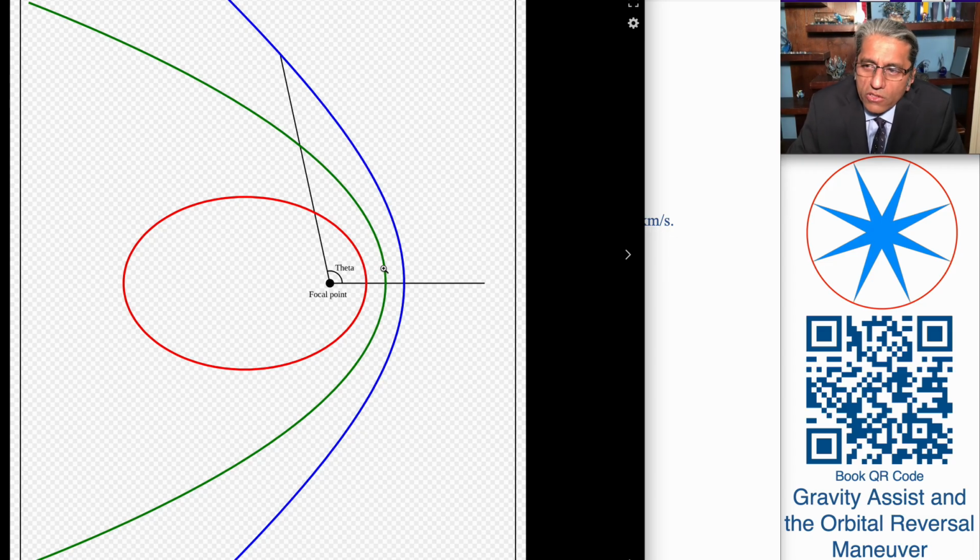So it may seem like this is a small part of the orbit where the spacecraft experienced a force which had a component in this direction, but because the distance was less and the force is inversely proportional to the square of the distance, there's a considerable amount of force. And so this is analogous to the spacecraft being smacked by the planet and being deflected and going off in the other direction.